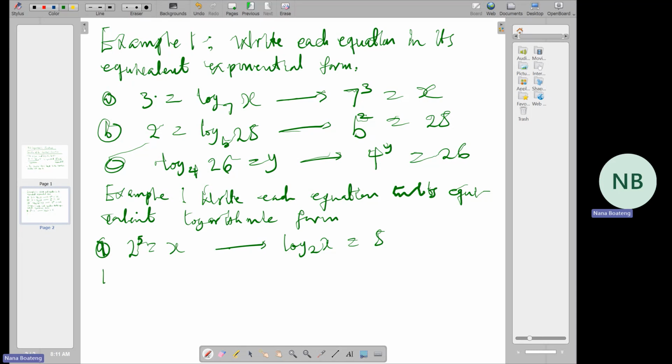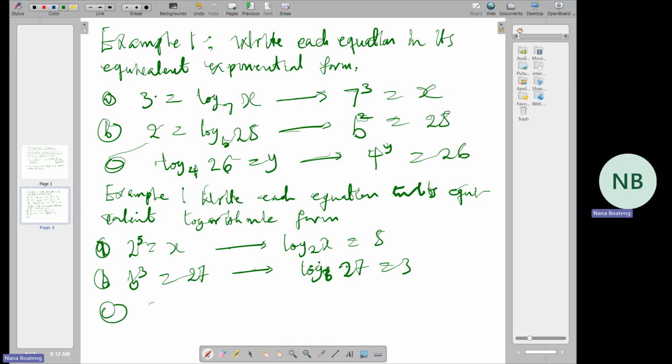And the second one, b power 3 is equal to 27. And this log form will be log to the base b of 27 is equal to 3.